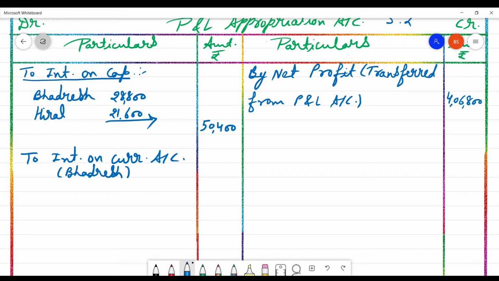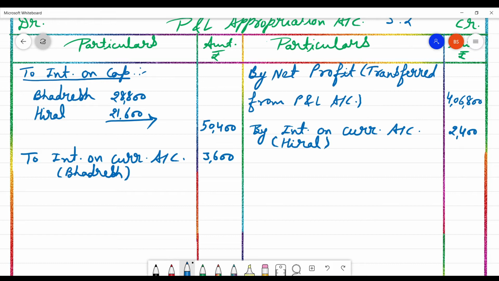It will be 3,600, and by interest on current account Hiral, it will be 2,400.